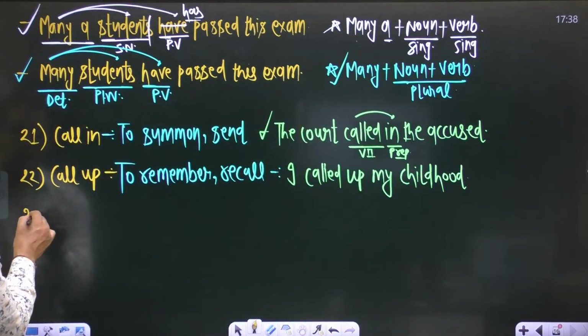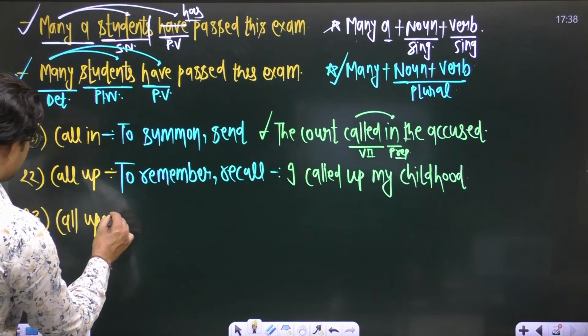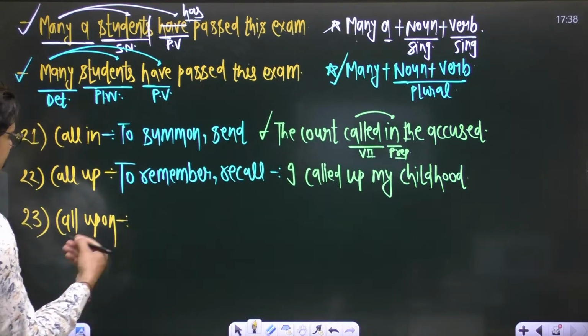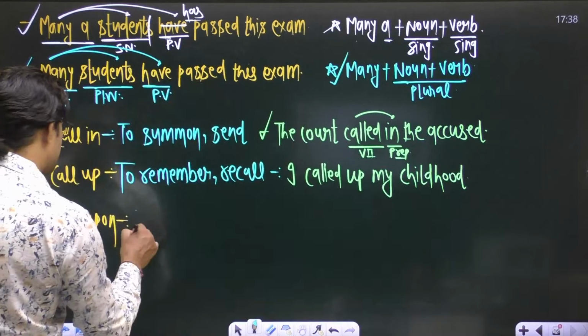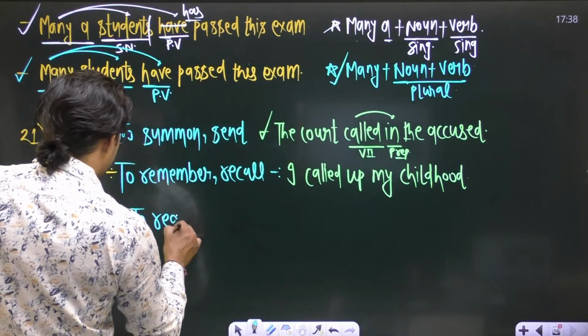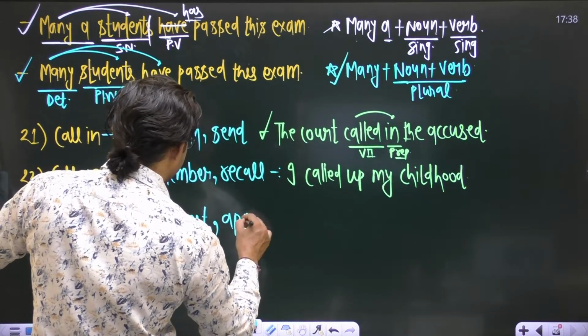Next one is 23rd, call upon. Call upon, this phrasal verb denotes the meaning to request or appeal. To request or to appeal, you can say.